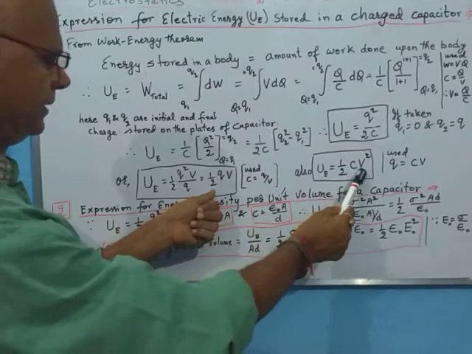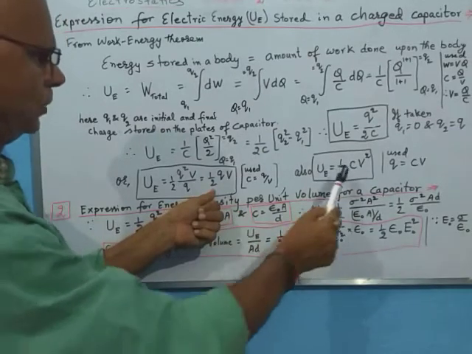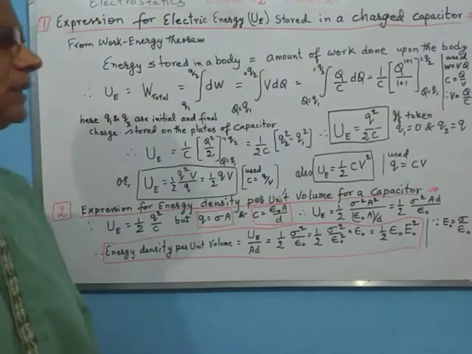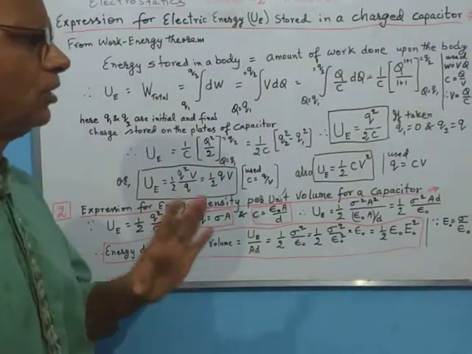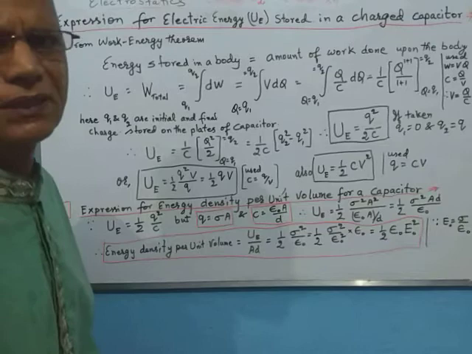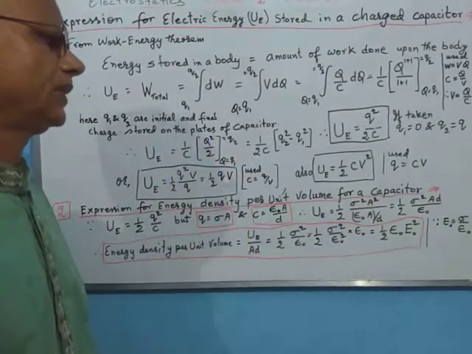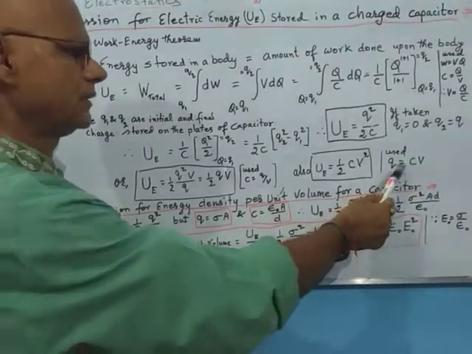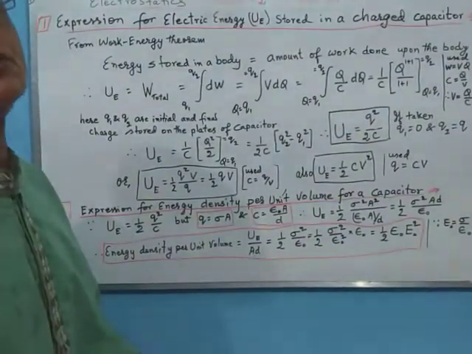So we have CV there and one V is already there, giving half C V square. This is yet another format. So these are the three important formats, but in all cases, if you remember one of these, you can derive the remaining two by simply using the relation Q is equal to CV or C is equal to Q by V.